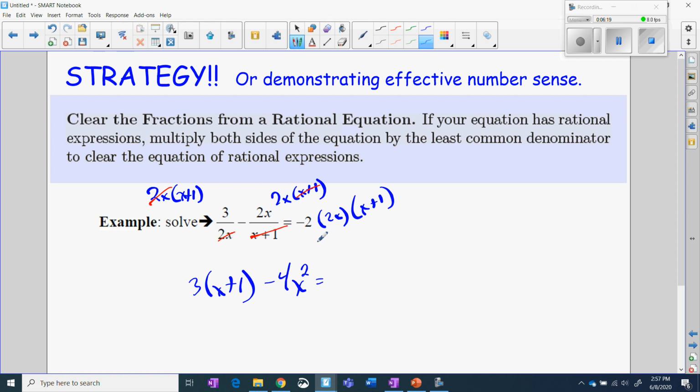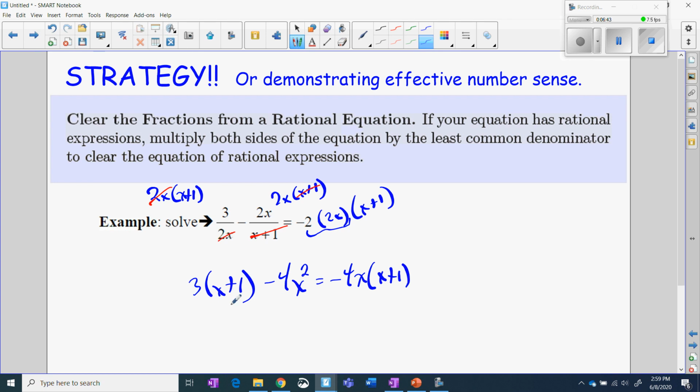Now, there's no denominators and nothing crossed out, so all 3 of these are still going to be left there. I'm going to multiply these first 2, so minus 4x out front, and then I still have my x plus 1. So that's just these 2 multiplied together.